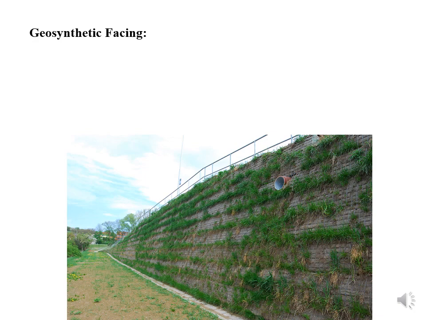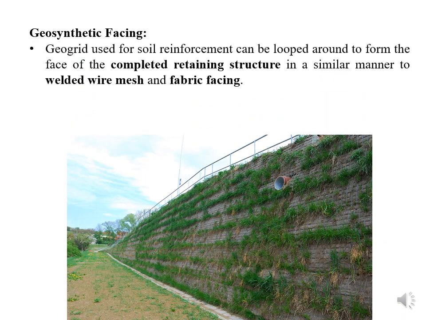Next is called geosynthetic facing. In the case of geosynthetic facing, we are using synthetic material. Geogrid used for soil reinforcement can be looped around to form the face of the completed retaining structure, in a similar manner to welded wire mesh and fabric facing. Welded wire mesh we discussed in the previous slides.